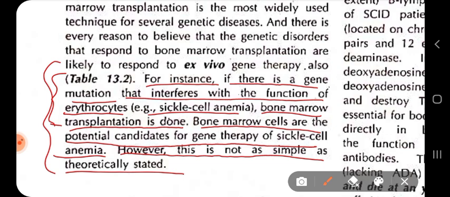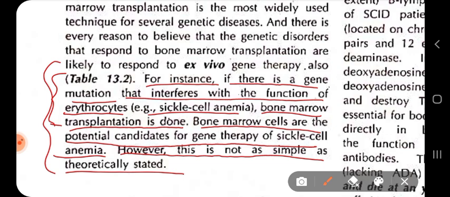Our own host immune cells will identify that transplanted bone marrow as a foreign cell, as an antigen, and will kill and destroy it, just like it occurs in case of heart transplants or skin transplants, where the patient has to be kept in an immune suppressed condition by using immune suppression drugs.